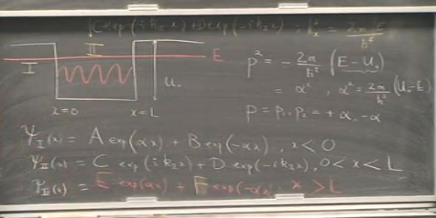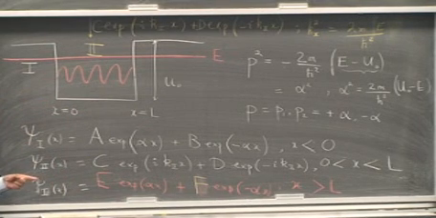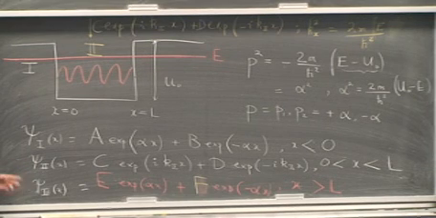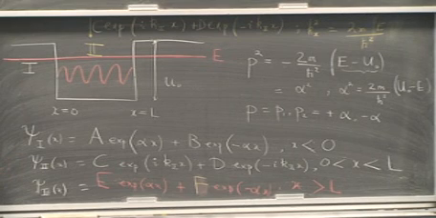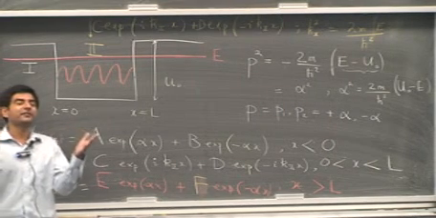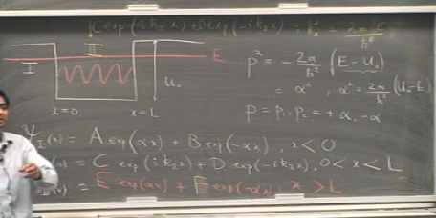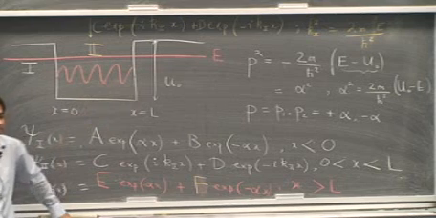Alright, now let's use certain properties of the wave function. Again, the last 15 minutes are very important because we are inching closer to the destination. One property of the wave function is that the wave function can never go to infinity.